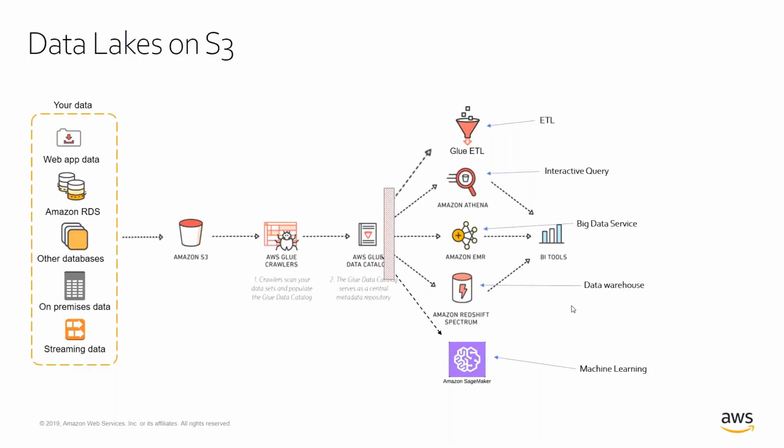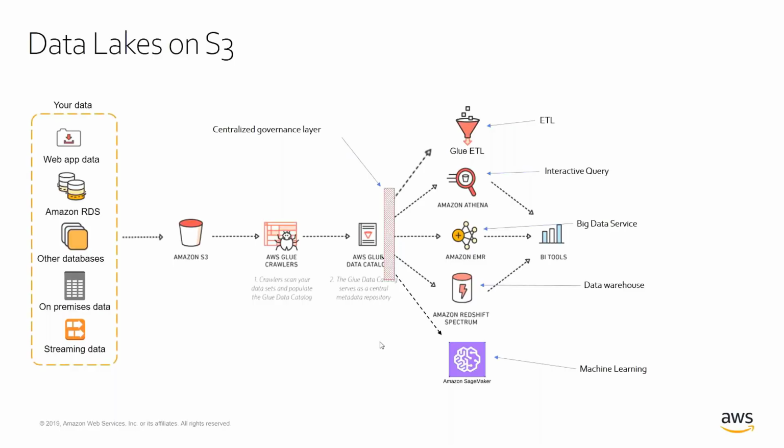Finally, I just want to make a quick mention of this. This particular rectangle that I have on top of the data catalog is something that we are working quite aggressively on, the centralized governance layer. We have a service in beta right now called AWS Lake Formation.